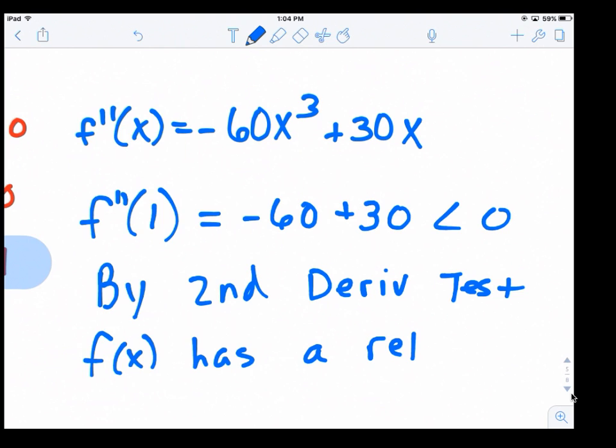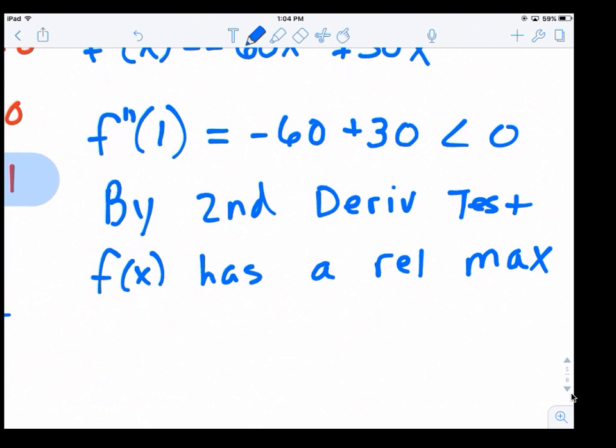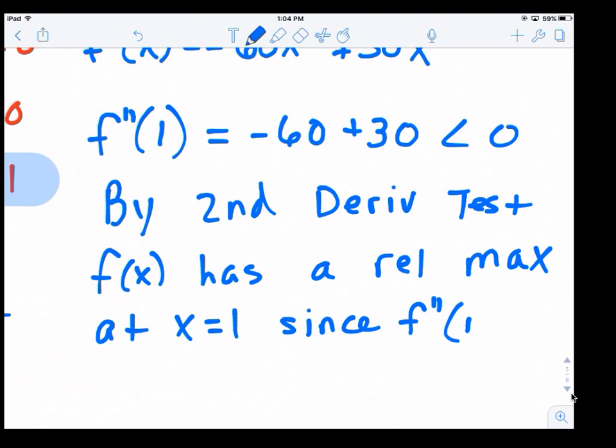So that means you would have a relative max. Second derivative test, f of x has a relative max at x equals 1, since f double prime of 1 is less than 0.